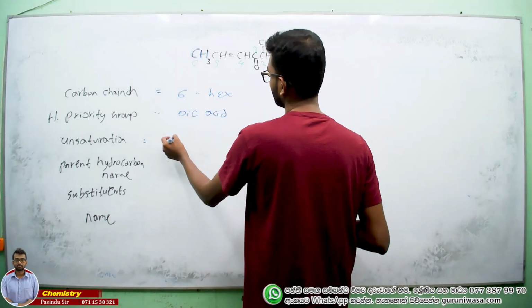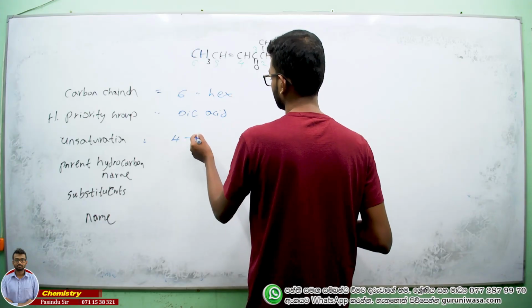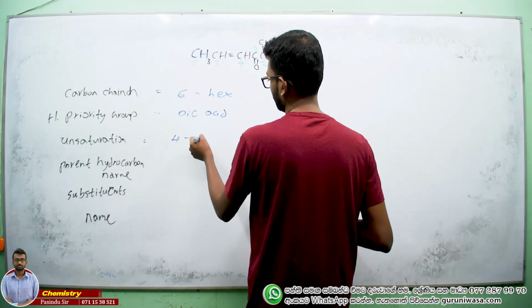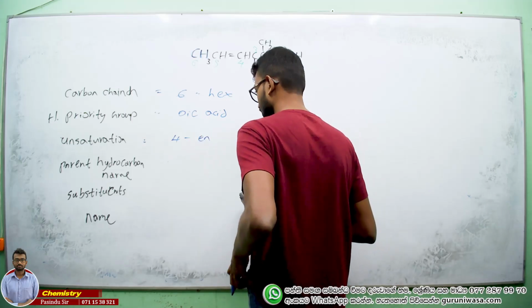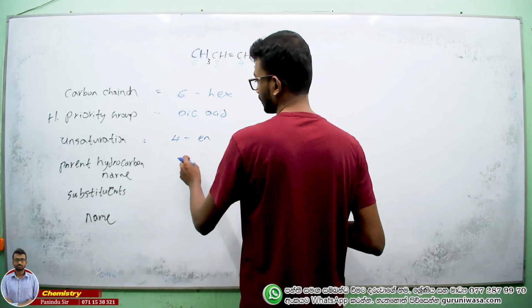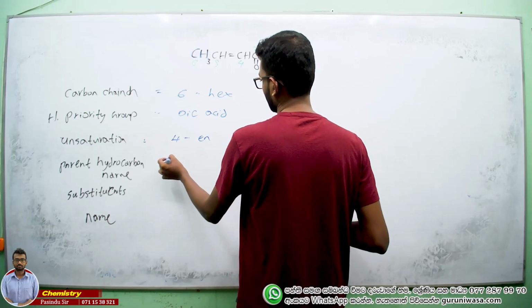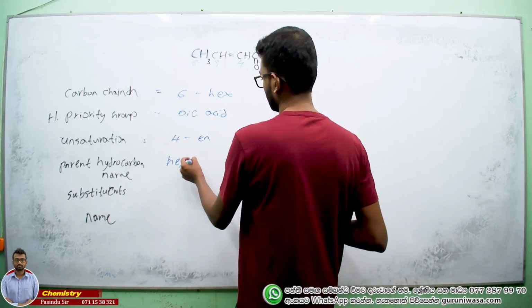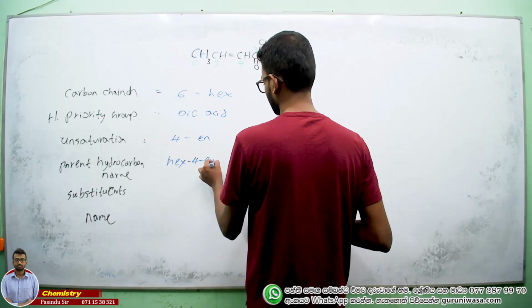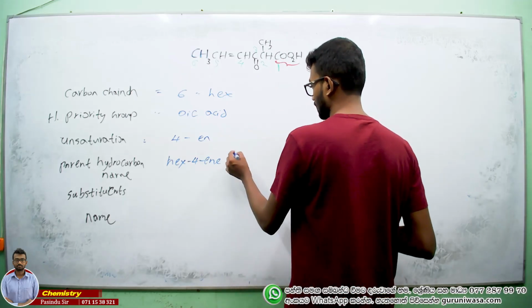Here it's a double bond at the 4th carbon, so ene. Then parent hydrocarbon name hex-4-ene, or 4-hexene.